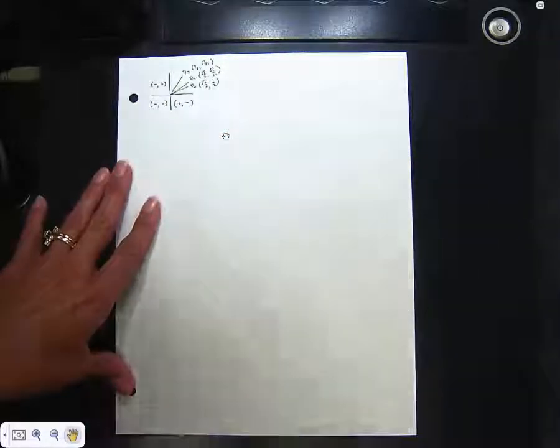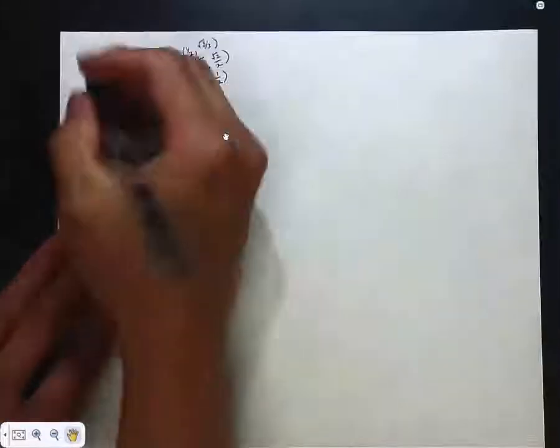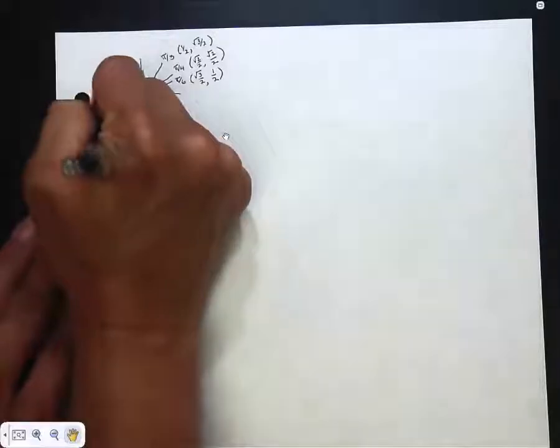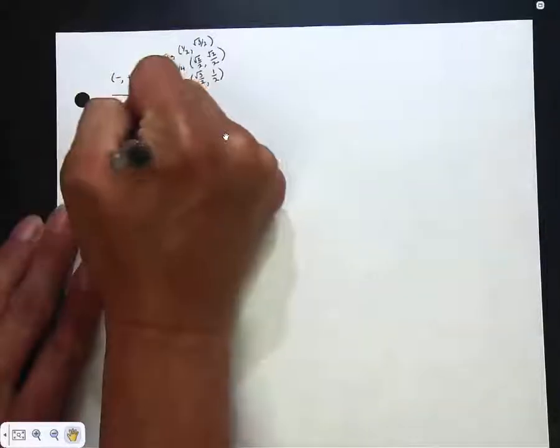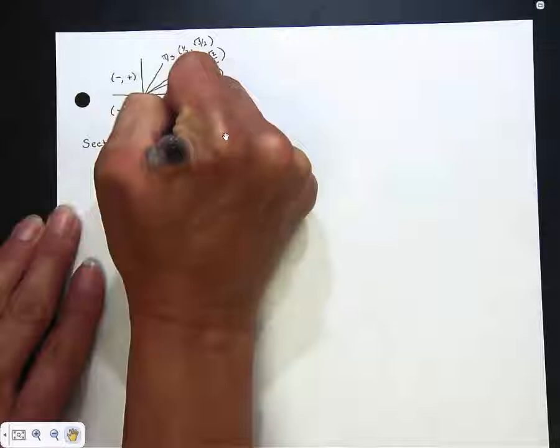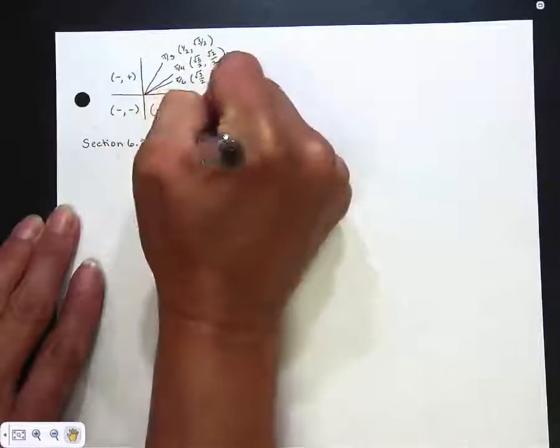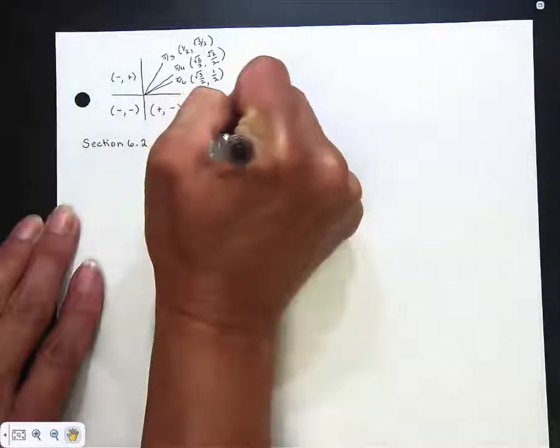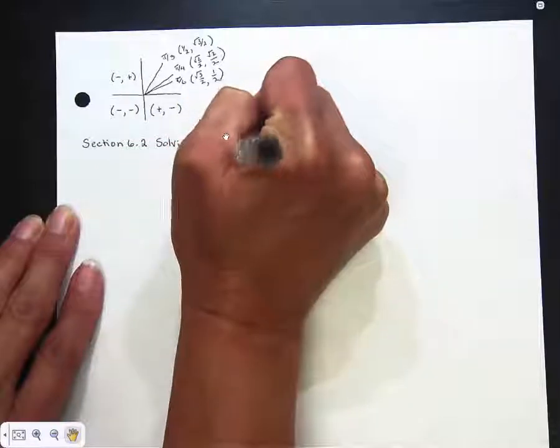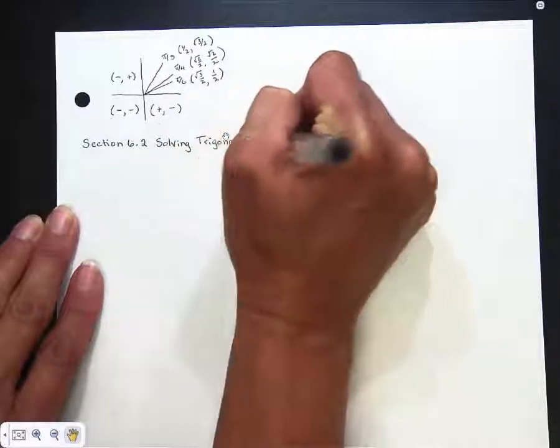Now, the examples that I have chosen are from section 6.2 in the Precalculus book. We're solving trigonometric equations.